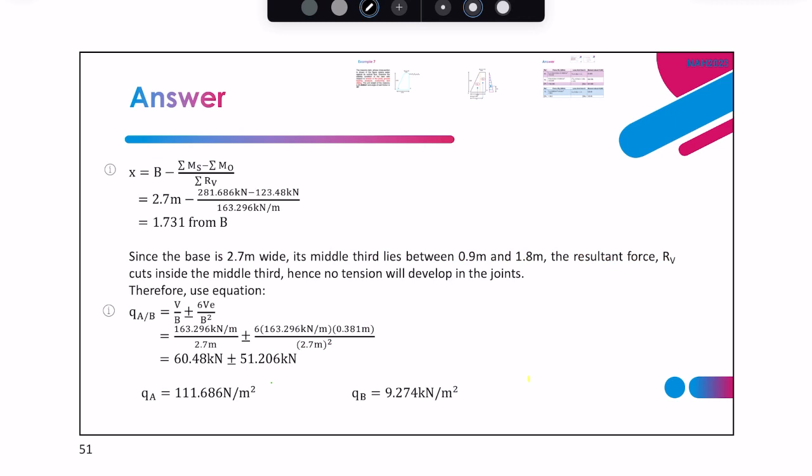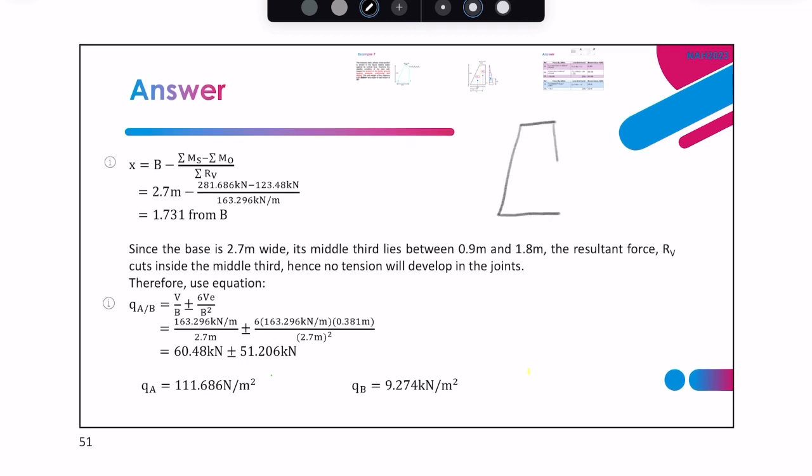Kita nak tahulah, satu, dia minta kita check on the tension in a joint. So, kita dapat tengok sama ada tension in the joints or not using this value of X. So, the retaining wall is 2.7 meter, the base. Kalau kita bahagikan kepada 3 bahagian, starting from B, 0, 0.9, 1.8 and 2.7.